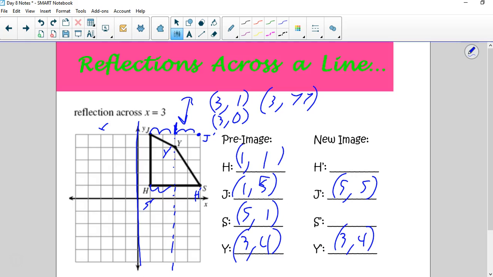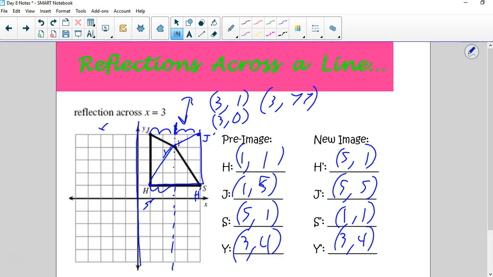And then basically S and H are just changing spots. So this becomes 1, 1, and this becomes 5, 1. And if you drew it, so J goes down to Y, which goes down to H, which comes over here, and it folds over like that.